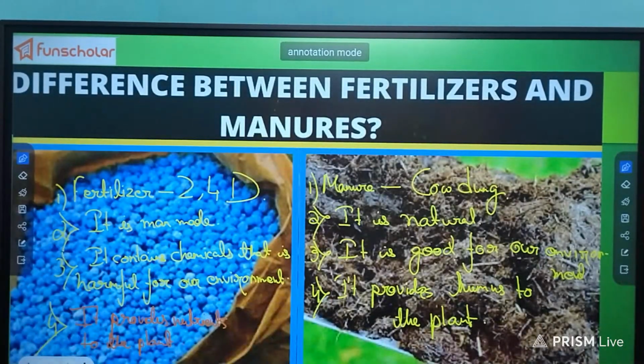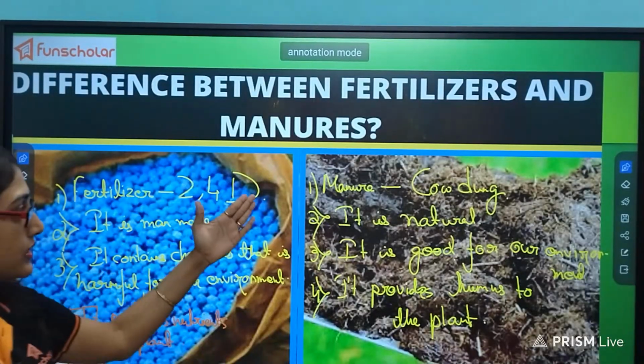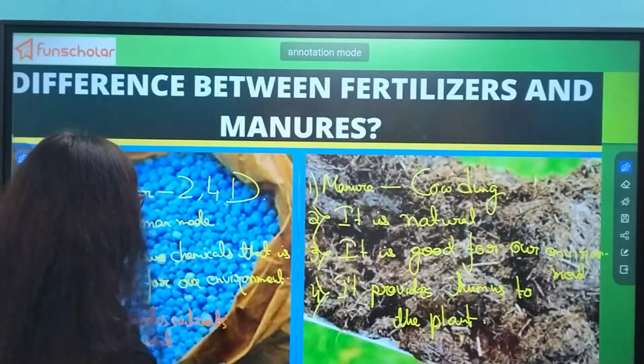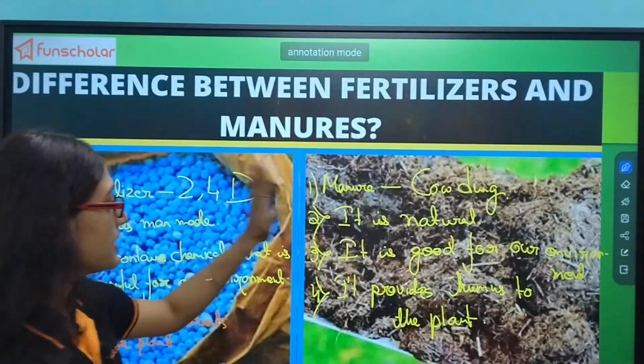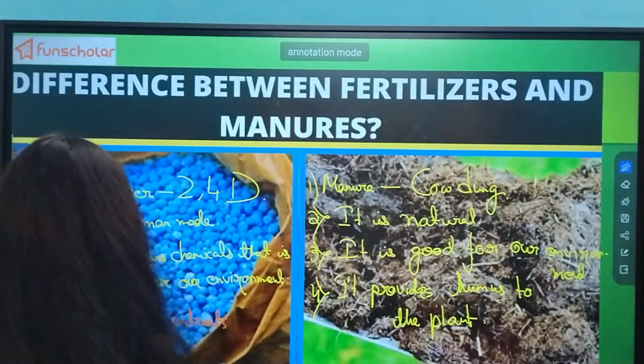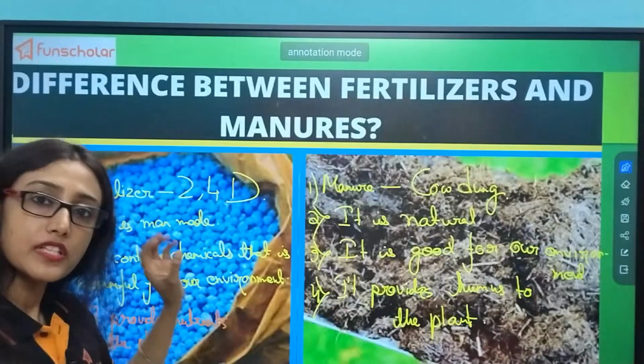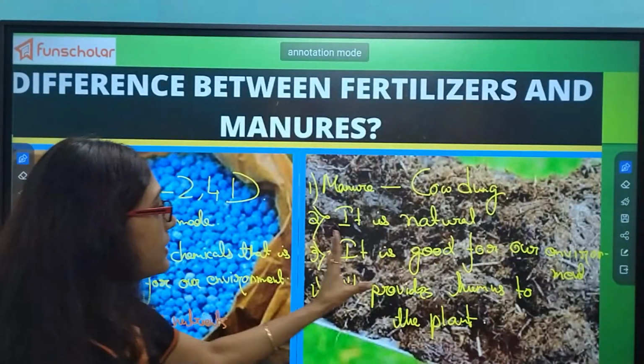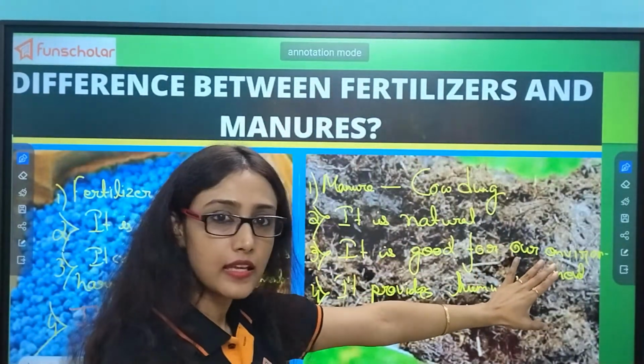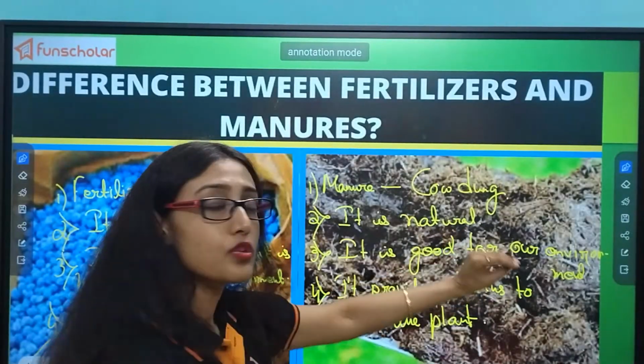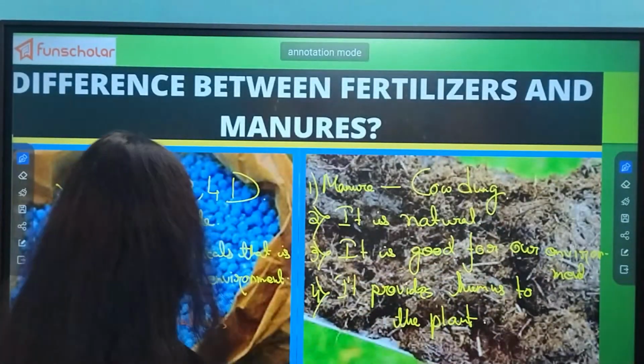So fertilizer example is 2,4-D, manure is cow dung. Fertilizer is man-made, manure is natural. Fertilizer contains chemicals which are harmful for the environment, but manure does not contain any chemical. It is natural, so it is good for our environment.